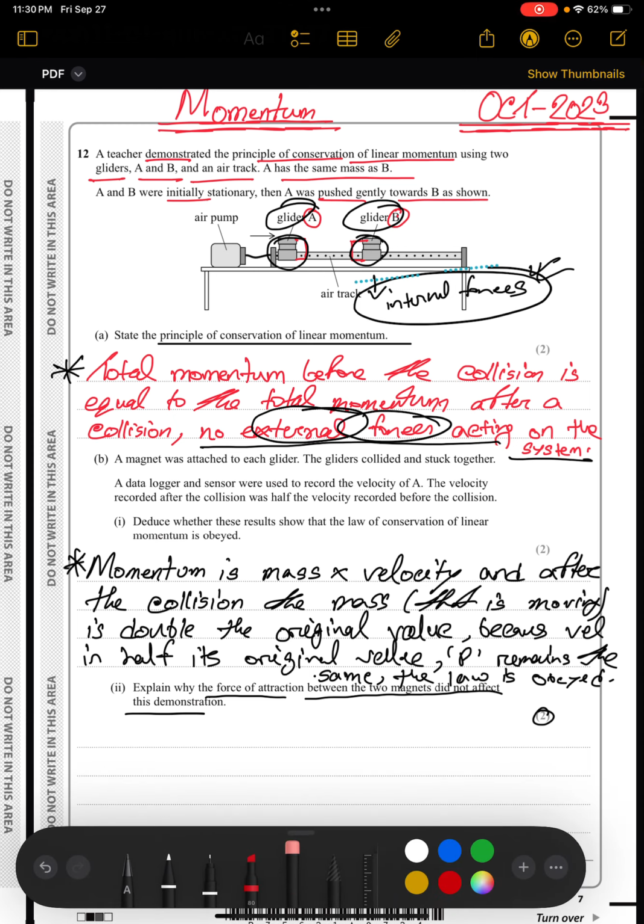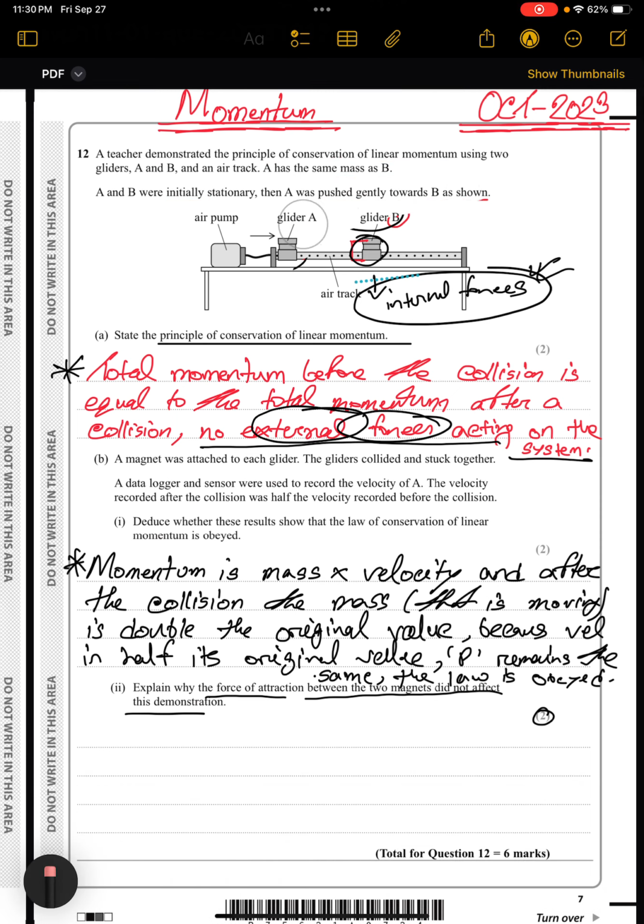So let's look at the question in a closer way. We can see one thing, that is the force of attraction. This glider has a force to the right, and glider B will have a force in the opposite direction according to Newton's third law pair forces.